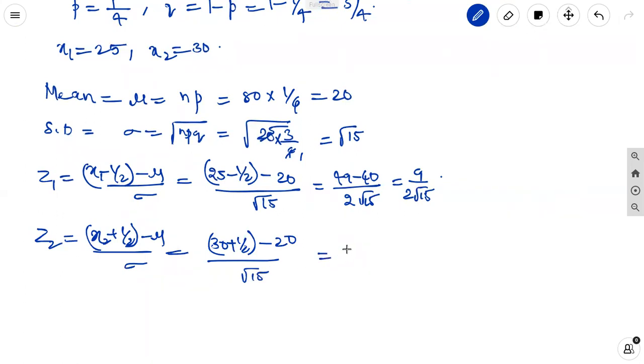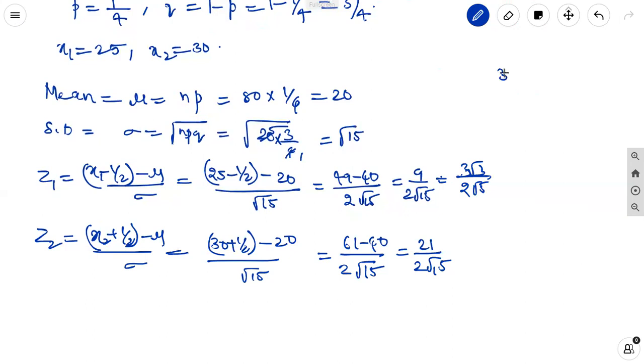So 61 minus 40 by 2 root 15 equal to 21 by 2 root 15. Here we got the Z1 and Z2 values. 21 by 2 root 15 equals 3 root 3 by 2 root 5.